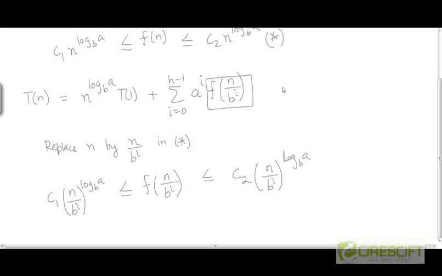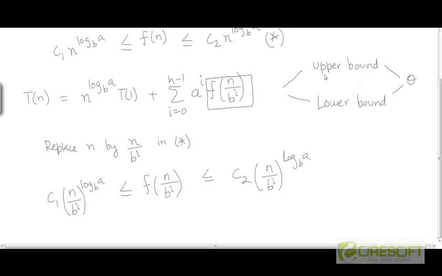So again, we are going to try and find an upper bound on T of n. Then we're going to try and find the lower bound on T of n, and then we're going to combine both and derive a tight bound on T of n.